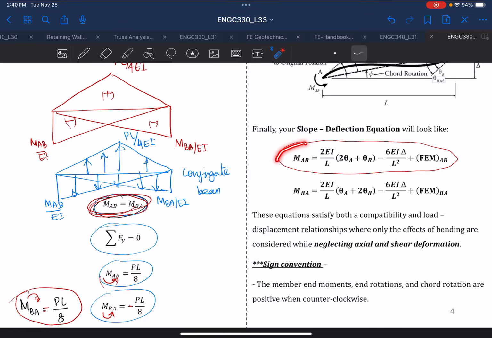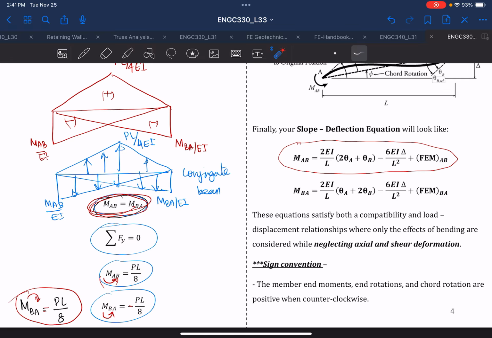You can finally find that MAB is equal to the moment generated due to the slope, the moment generated due to the deflection, and the fixed end moment due to external load. And similarly, MBA will be 2EI theta A plus 2 theta B, with the same displacement term and fixed end moment PL over 8. So this will be positive and this will be negative. Please remember that this will be positive and this will be negative. That's what we have found here.